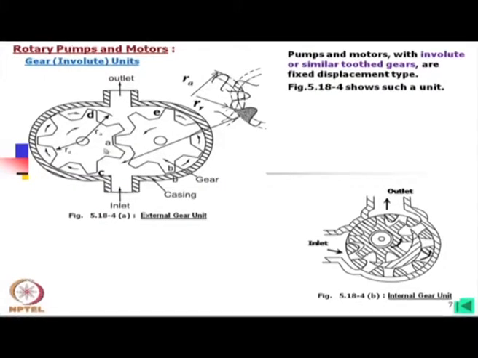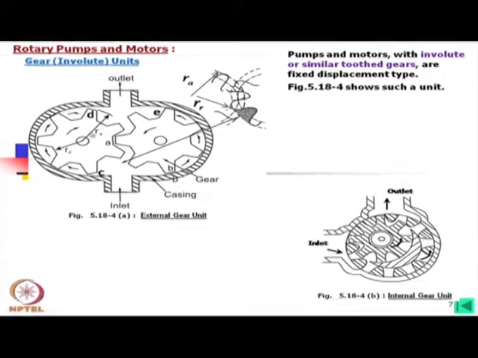If we consider this area between A, C and B, let us consider C has just touched the casing, and A is the contact point here. You will find that if you calculate, this area is expanding while it is rotating, and the next moment another set will come in.